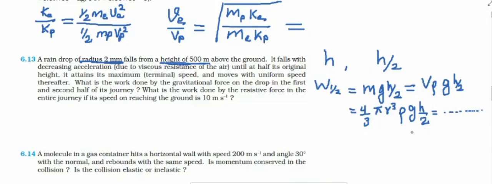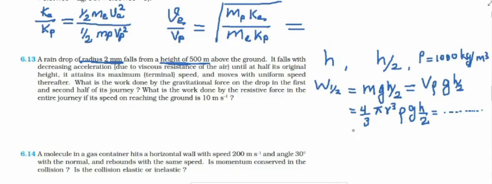Work done by the gravitational force is equal to the decrease in potential energy. Now density is not given. The density of water you have to take as 1000 kilogram per meter cube.